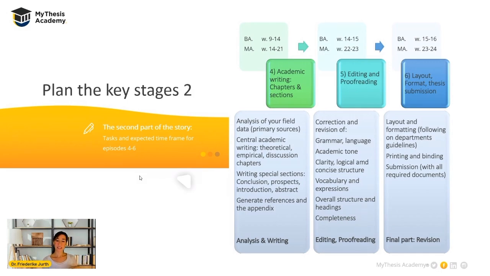Last but not least, there's also the question of printing and binding, and also the submission of your required documents. So contact some copy shop. Maybe there's a specific one that you already know, where you already went another time, and ask them for some information about how long it takes.